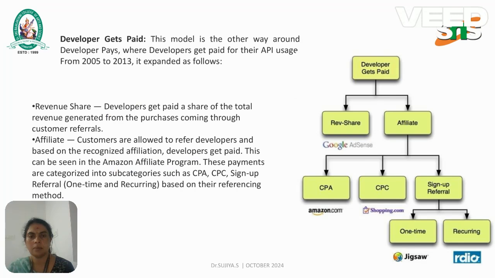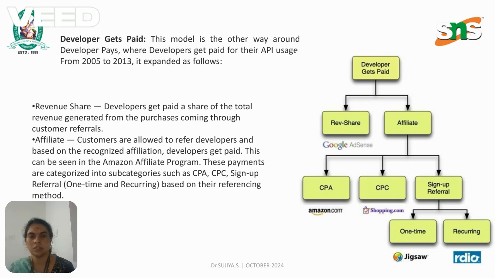Next is developer get paid. This model is the other way around from developers pay, where developers get paid for their API usage, from 2005 to 2013, and it has been explained in the previous one. It is also going to be explained in the oncoming, where revenue share and affiliate are the most common ones. Here, in revenue share, the developers get paid a share of the total revenue generated from the purchases coming through the customer's referral.